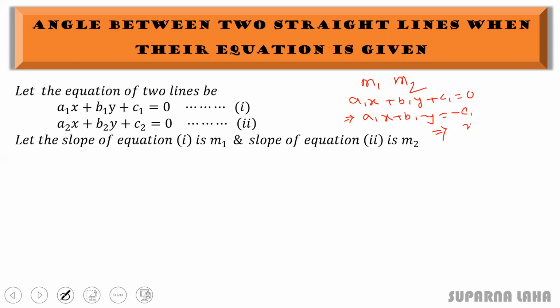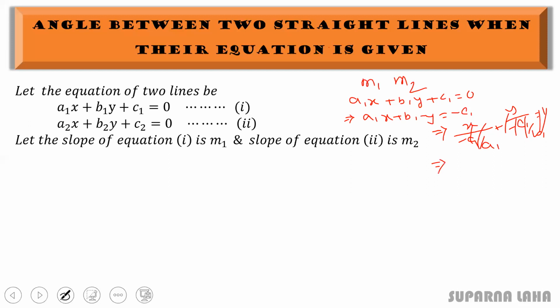So you will find x by (minus C1 upon A1) plus y by (minus C1 upon B1) equals 1. Right? Here you need the slope, not the intercept form. Sorry, you need not do this one because you don't need the intercept form here, you need the slope form.